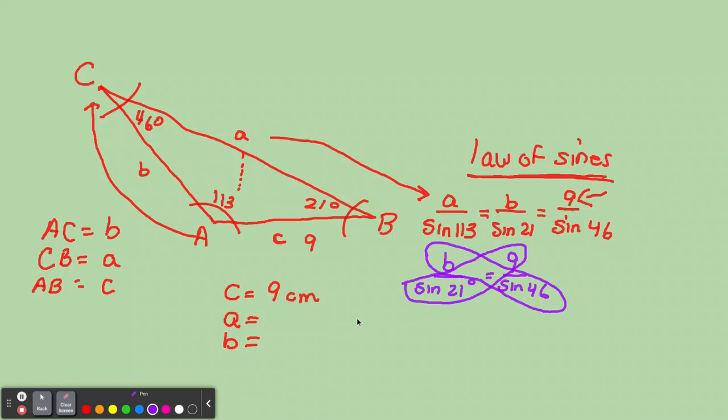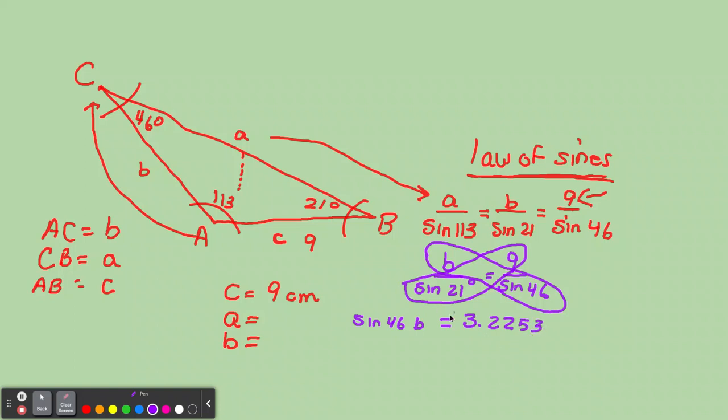So over here, you're going to get sine 46b, because b times sine 46 is sine 46b. And then 9 times sine 21. This is where you've got to get your calculator out. Just do sine 21 times 9. And when you do that in your calculator, you probably get this long number, 3.2253.